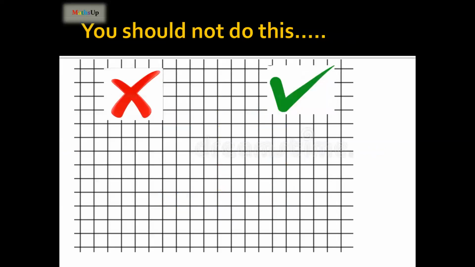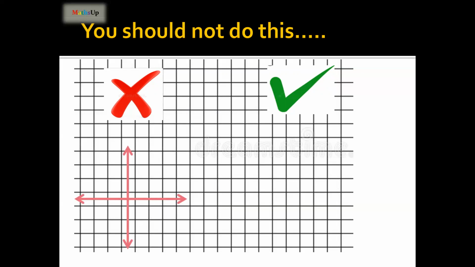Now I'm going to pay your attention to some mistakes that kids are doing when they are drawing a coordinate plane. The first and the most common mistake that most of the children are doing is drawing the x and y axis like this.